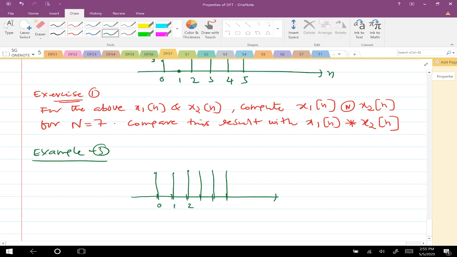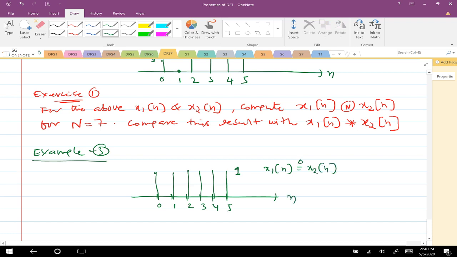Everything is with value 1. This is x1 of n as well as x2 of n. So essentially all I am saying here is that this is x1 of n, and that is also equivalent to x2 of n.